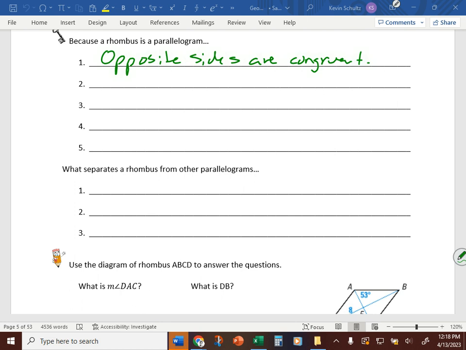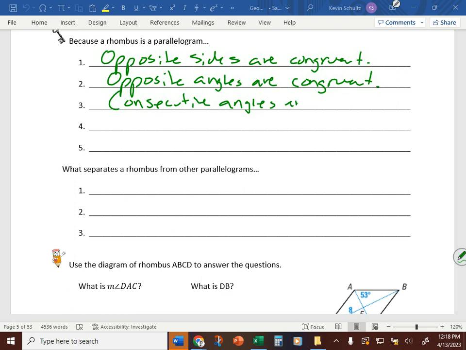Ellen, opposite angles are congruent. Did you just write that? Oh, angles. Okay, opposite angles are congruent. What's another one? Sophie. Consecutive angles are supplementary.